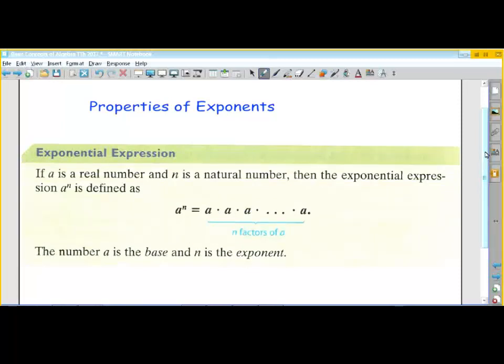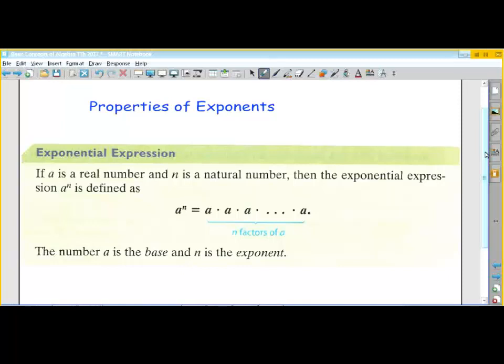So if you talk about an exponential expression, in this book it says that A is a real number, which just means it's a number that is not imaginary. So you could have A as a rational number, as an irrational number, pretty much any number that you can represent physically.